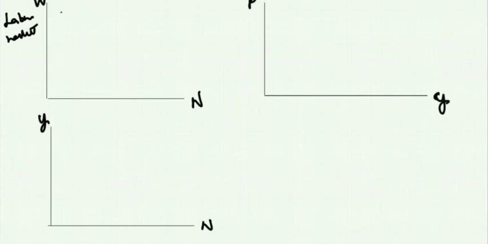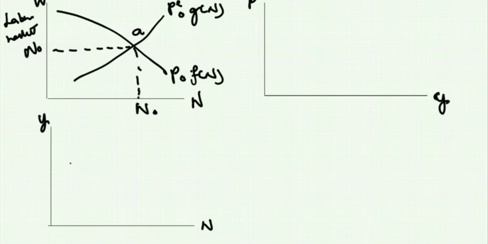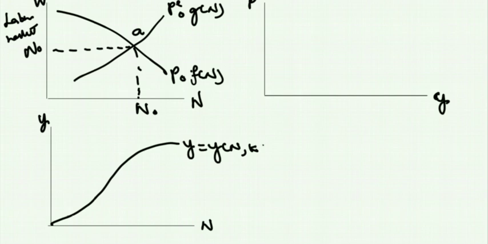So let's say initially P0 Fn, and then we have PE0 Gm. So current nominal wage is W0 and we are at point A. So total production is here, Y. Okay.